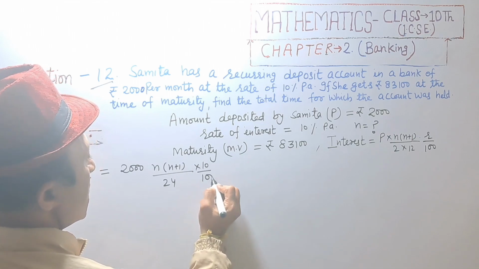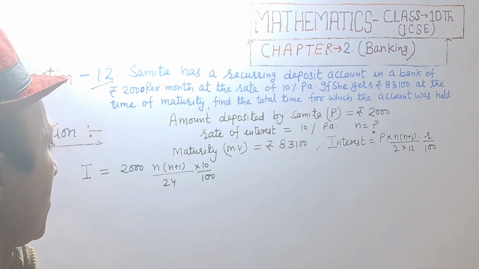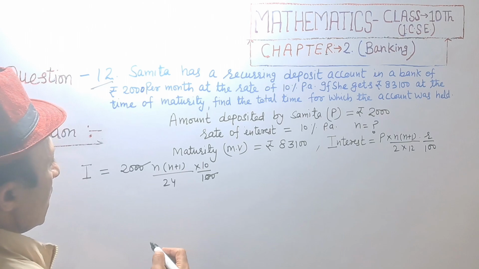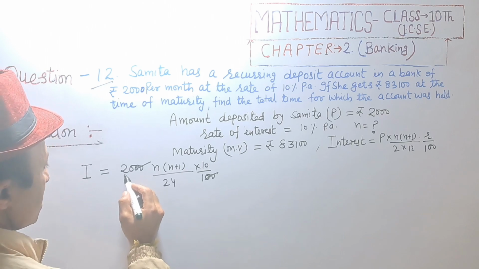Rate of interest is 10%, so 0 is cancelled.